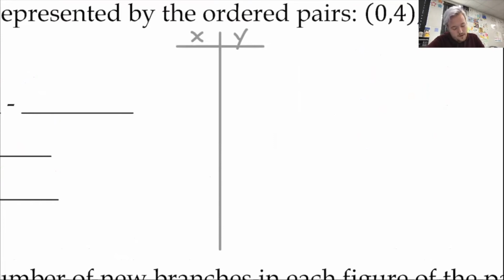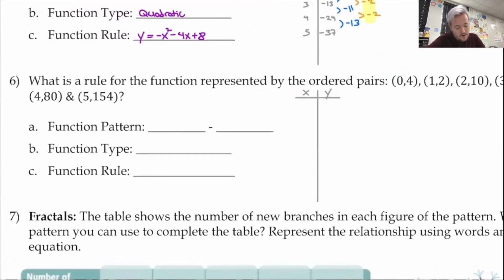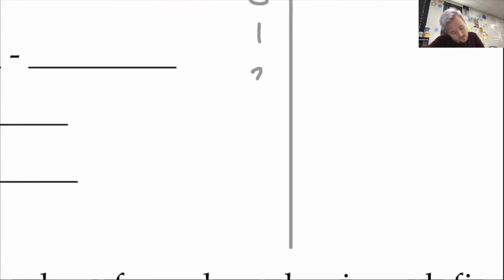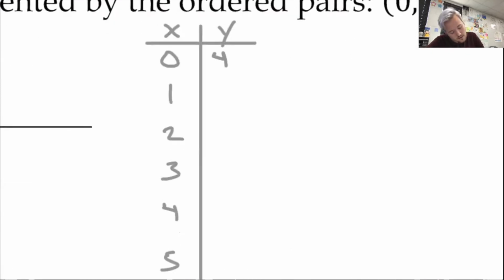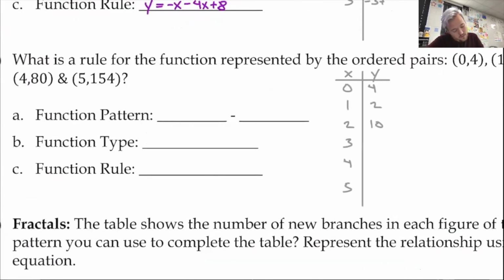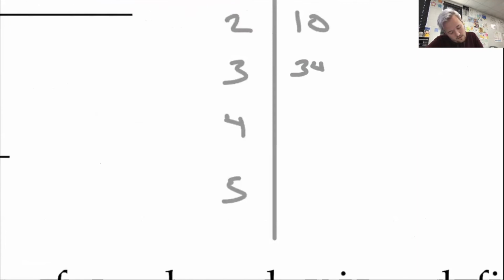All right, so the x values go from 0 to 5. So 1, 2, 4, and 5. And then I need the y values. So 4, 10, 34, 80. I believe it was 154.